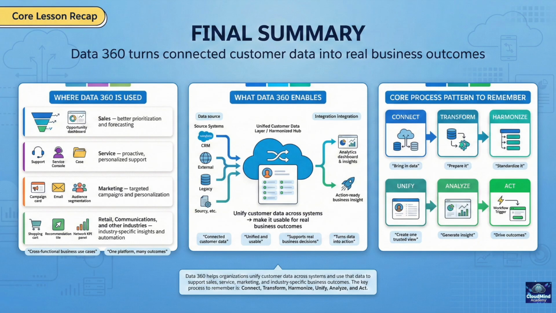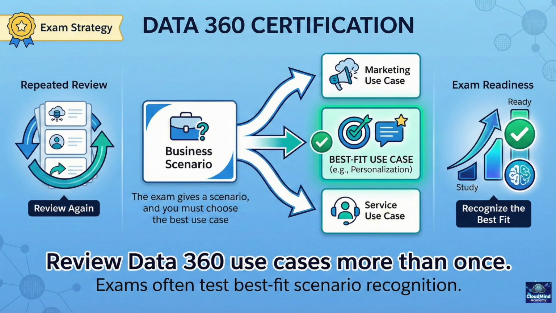And the process pattern to remember is connect, transform, harmonize, unify, analyze, act. If you're studying for certification, this is a topic worth reviewing more than once because the exam often tests whether you can identify the best use case for a given Data 360 scenario.